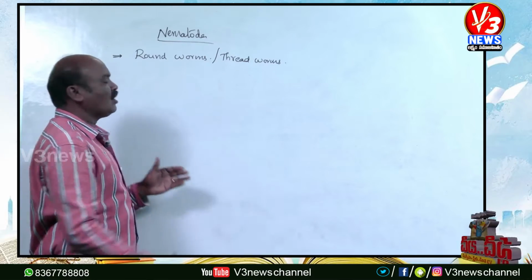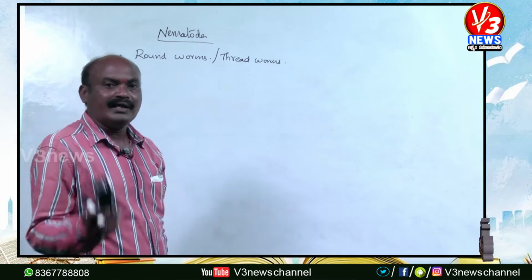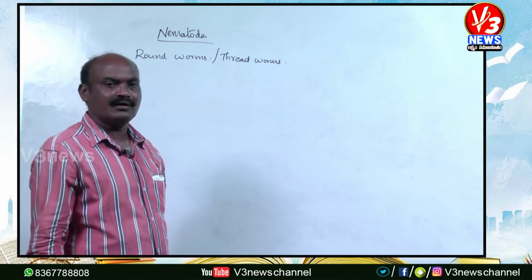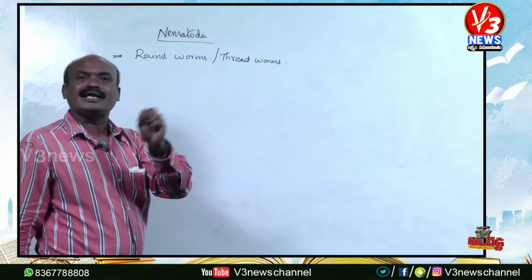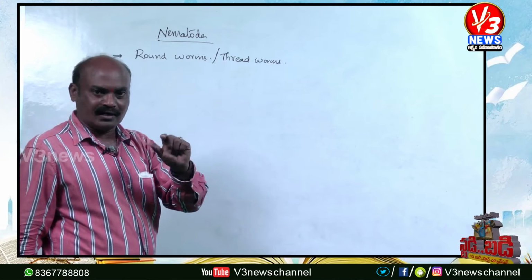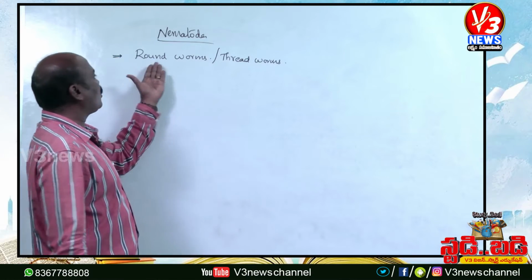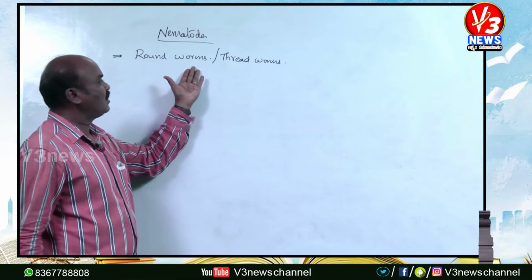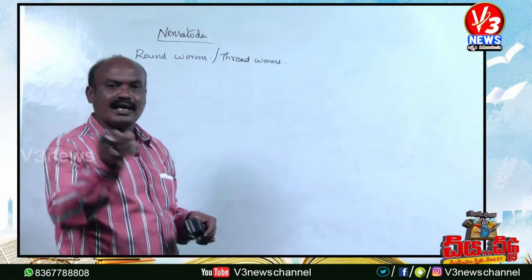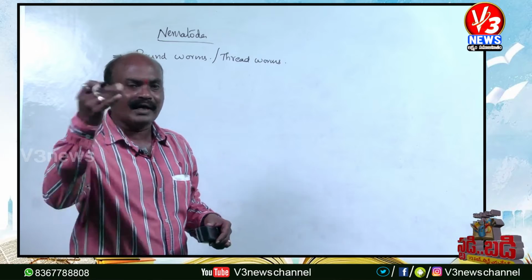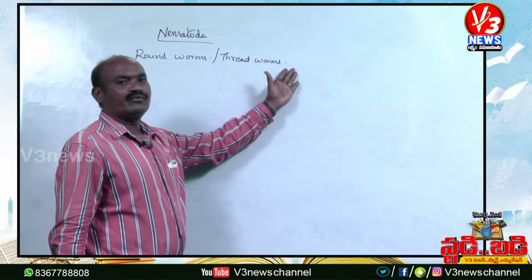Why roundworms? In their body cross section they appear circular, hence they are called roundworms. And their bodies look like a thread, hence the name threadworms.